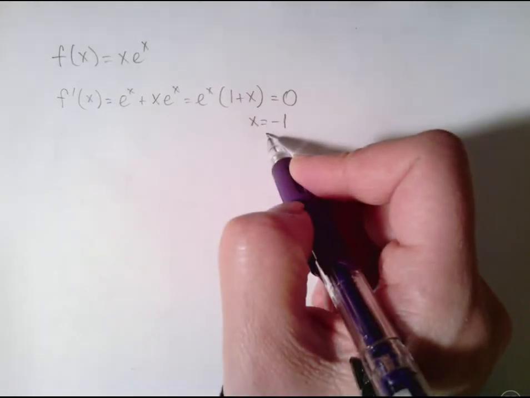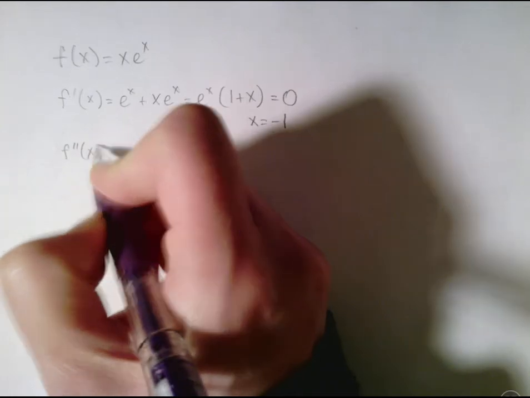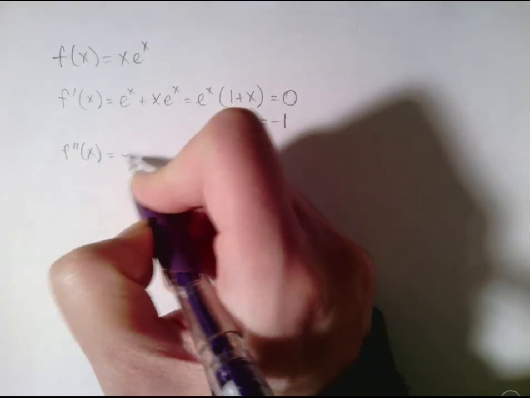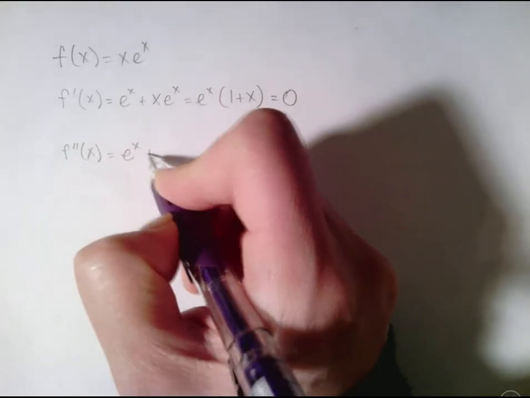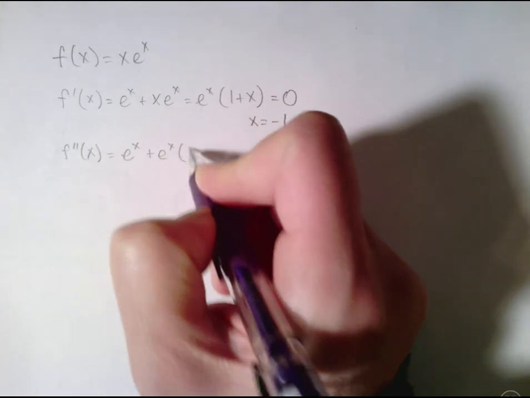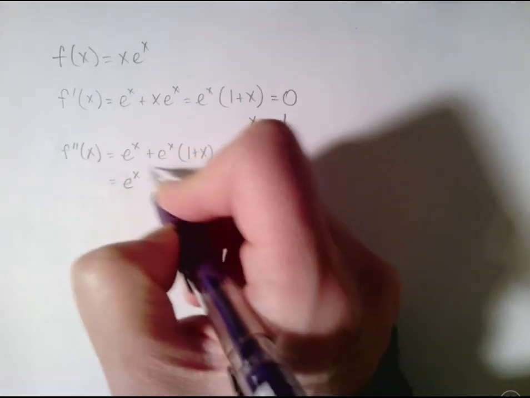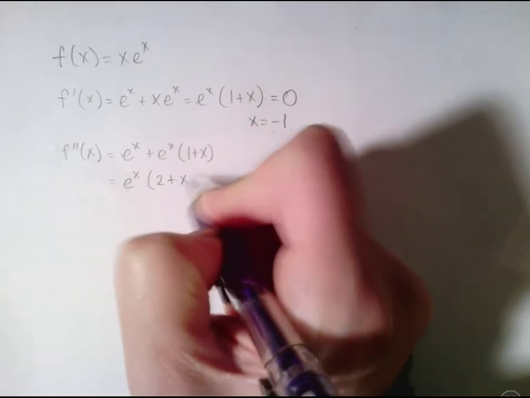So what kind of a point is that? Well, we're going to have to take the second derivative to find out. F double prime of x is, again, the derivative of this, which is e to the x, times the derivative of this, which we already know. E to the x, 1 plus x, which equals e to the x times 2 plus x.